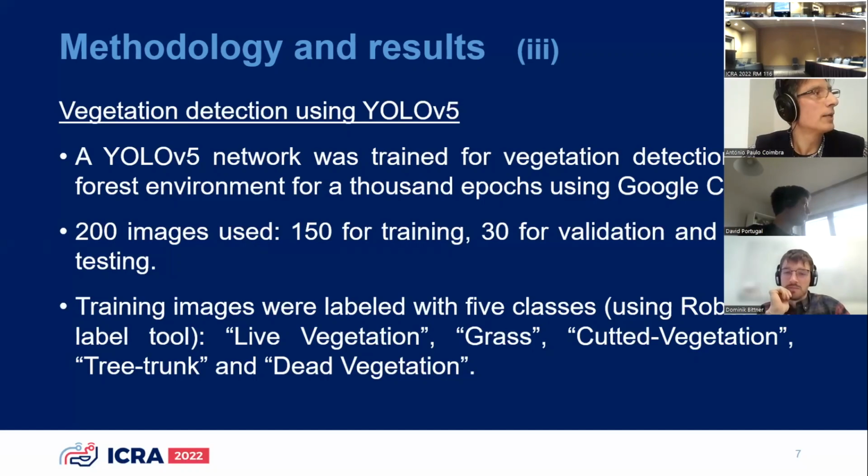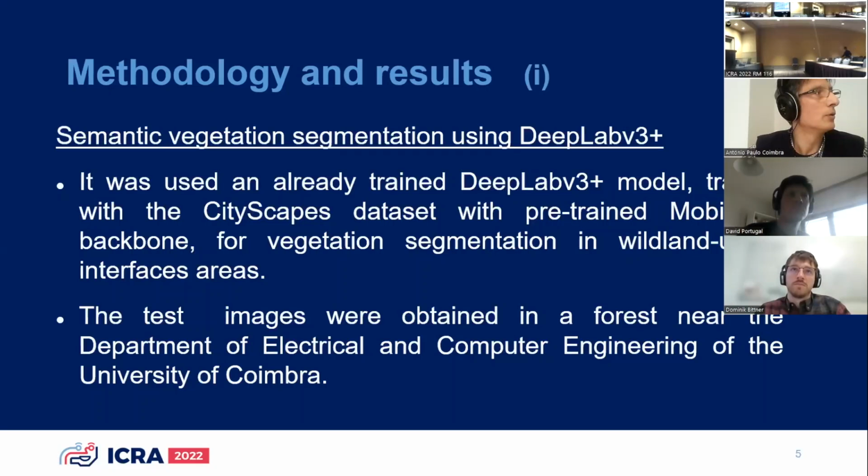Regarding the DeepLab model, this was used as a pre-trained model. So we didn't use our data set to train this model. I don't know if I answered your question.